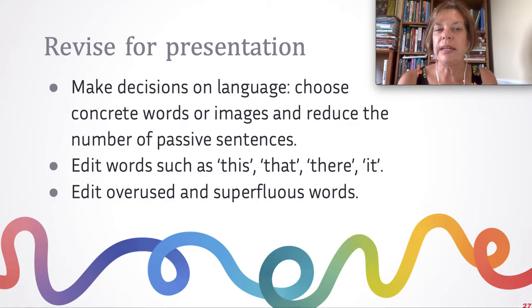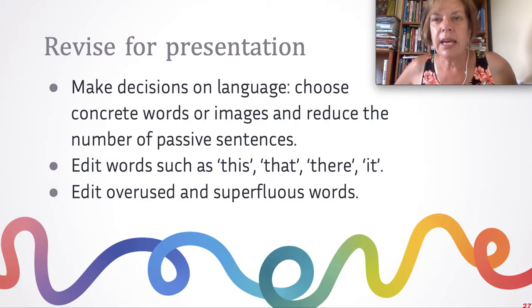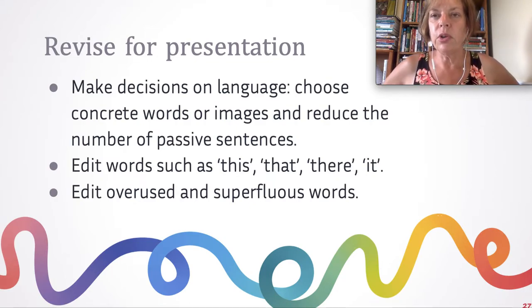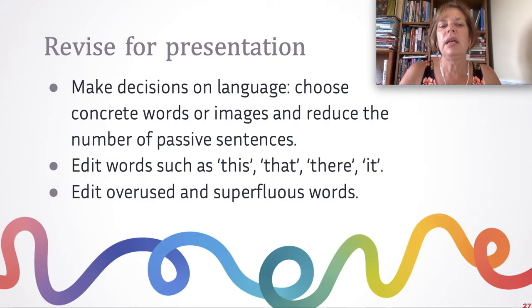So this is where you make decisions about language. You can go through and say, well, my language is quite abstract. Maybe I need to make it more concrete. Maybe I need to introduce a few words that are more image driven. Maybe I need to reduce the number of passive sentences. We often have a lot of passive sentences in academic writing, necessarily so, but sometimes we overuse them.